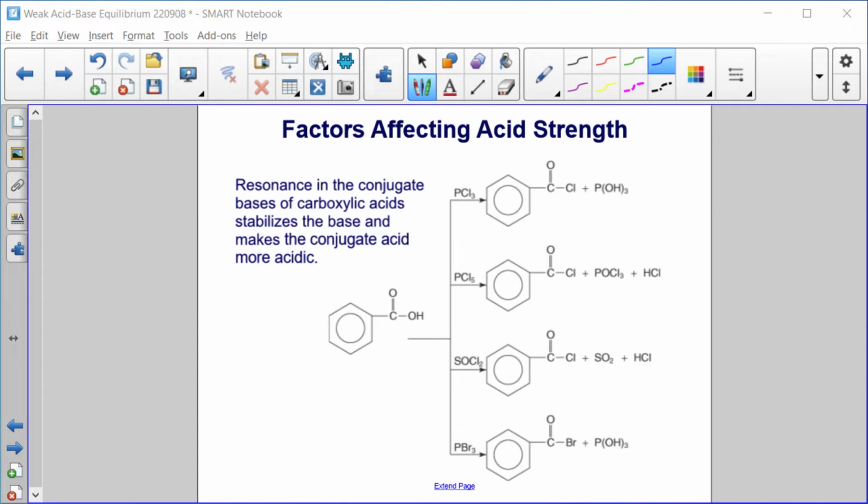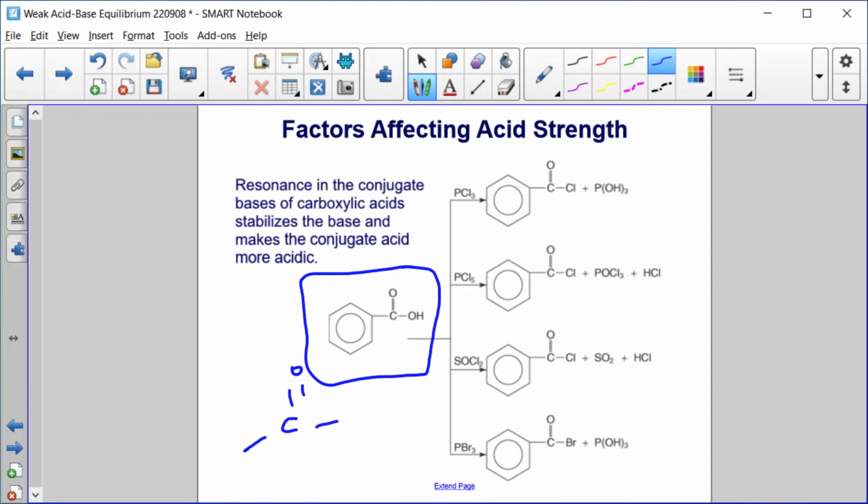So here we have a carboxylic acid, right? So let's talk about what happens when this carboxylic acid donates its proton. I'll just draw the functional group. So we have C, double bond O. When it donates its proton, the electrons that are in this OH bond stay behind with the oxygen as the proton is donated.